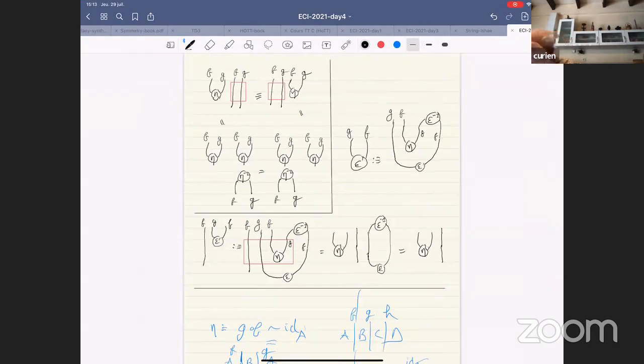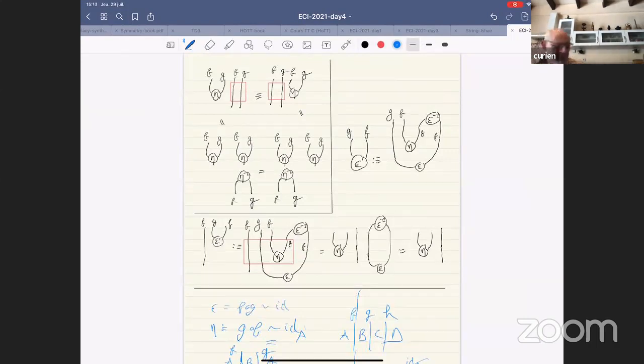And similarly, I can represent epsilon, for example, that features here in the same way, except that eta has left F and right G, while epsilon has left G and right F. Because epsilon, of course, is from F composed with G to the identity.